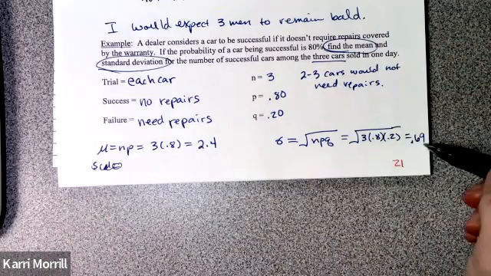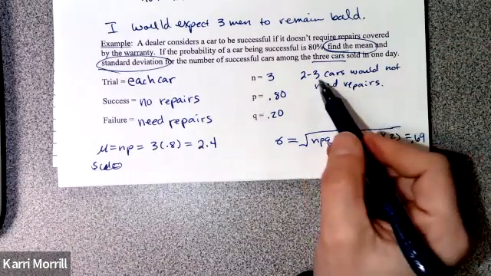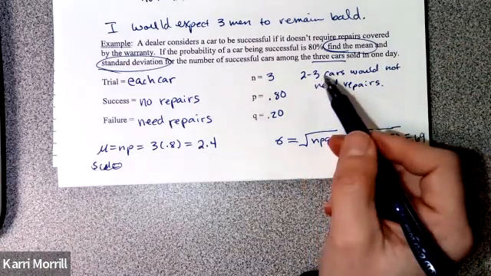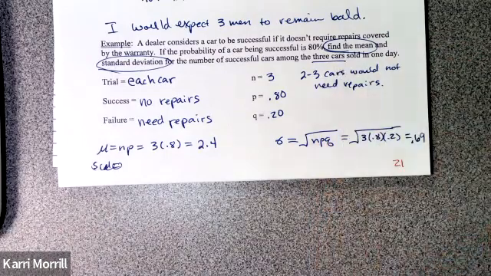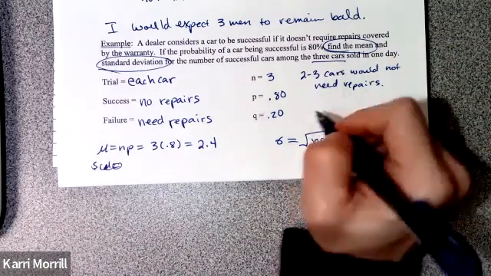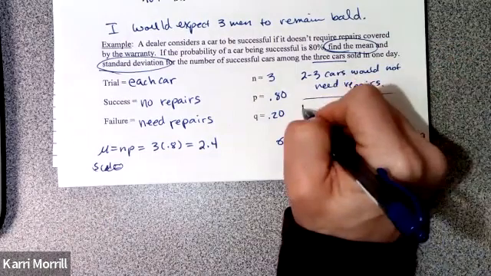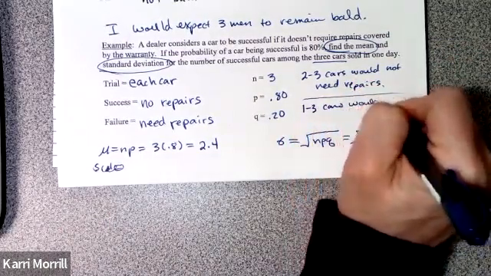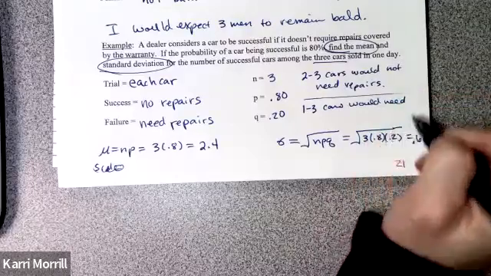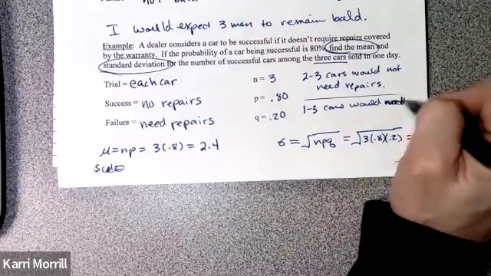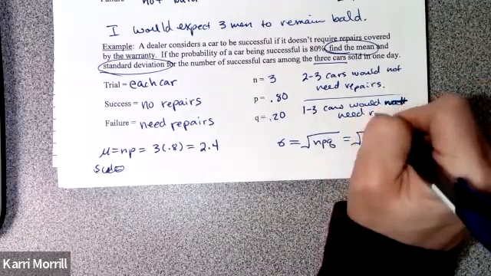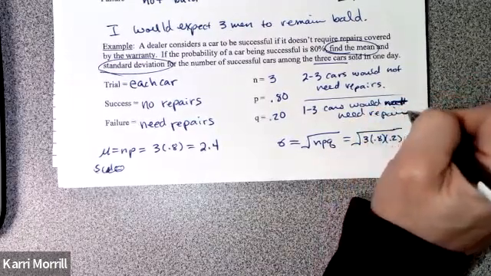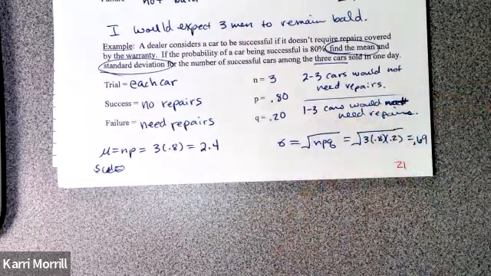We could be one less or one more, but we're only doing 3 cars sold in a day. So if we did one less, applying the standard deviation, 1 to 3 cars would not need repairs. Because it's still about what would not be. So one more in there ended up needing repairs if you applied the standard deviation.